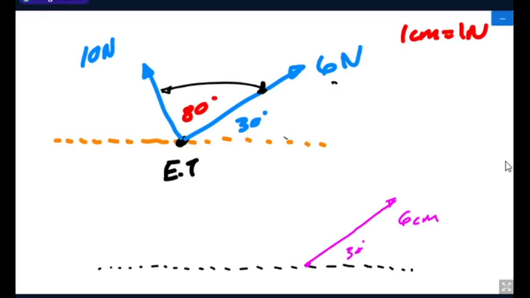And then the 10 and the 6, right, they're 80 degrees apart. So what you do is you put your protractor on there, like that. Don't put it straight like that. Put it on there like that and measure 80 degrees. This in there's 80, and the 6 and the 10 are 80 degrees apart.